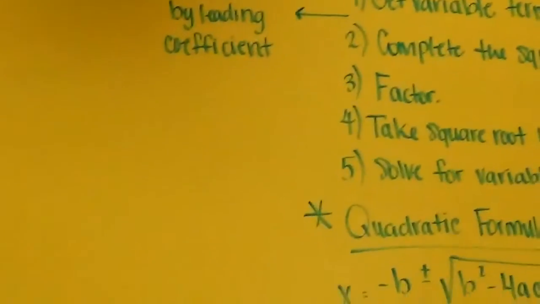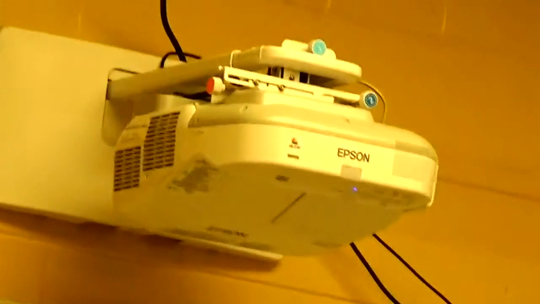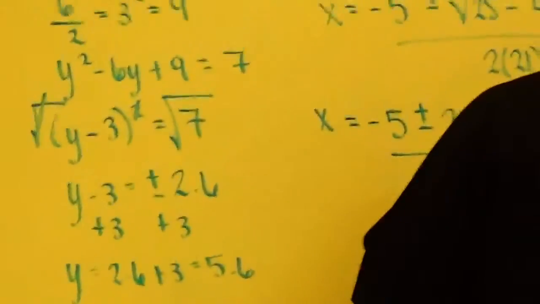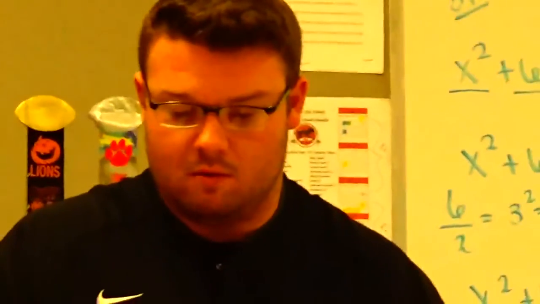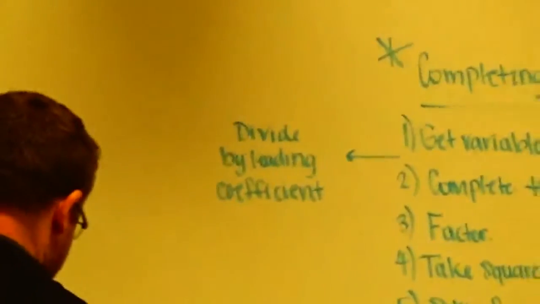And the second one says x equals negative 5 minus 24.8 all over 42. Plug both of them in your calculator. If we say negative 5 plus 24.8 divided by 42, we get 0.47, so 0.5. And if we subtract, we get negative 0.7. And that's our two answers.